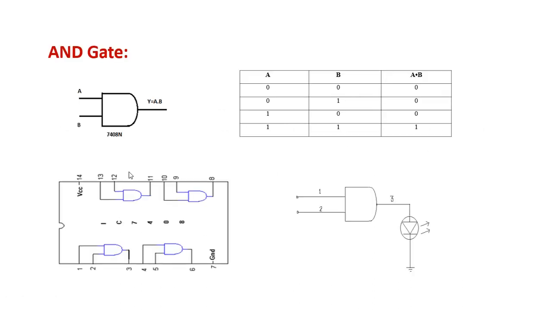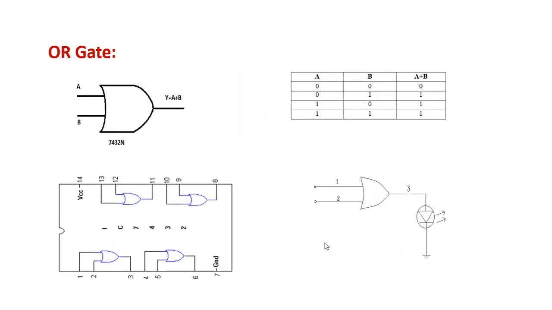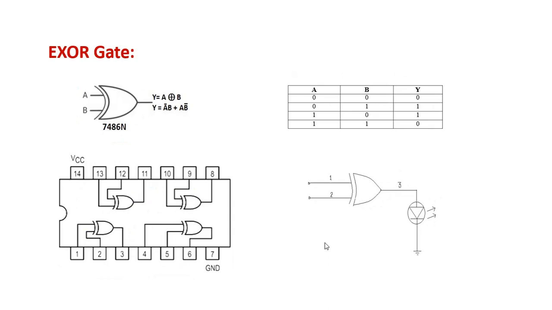We have already discussed the AND gate symbol, its truth table, its IC, and how to verify its truth table. We connect the inputs at pins 1 and 2 and we get the output at pin 3. We can connect an LED here. Similarly, the OR gate, NOT gate, and XOR gate.